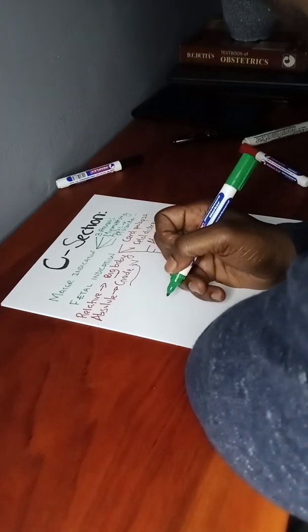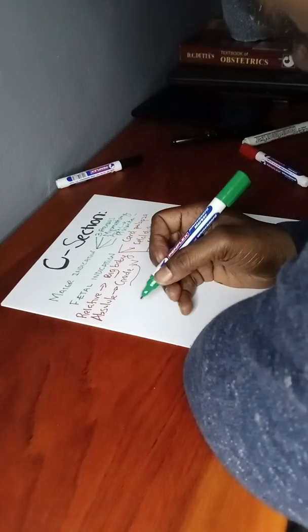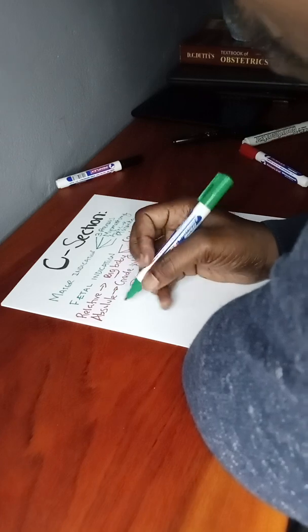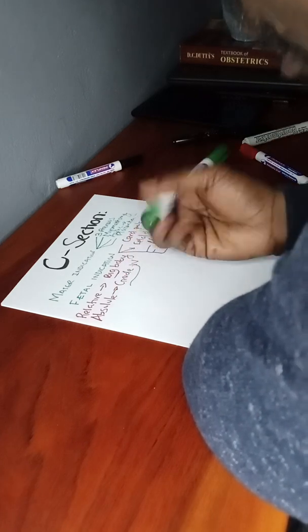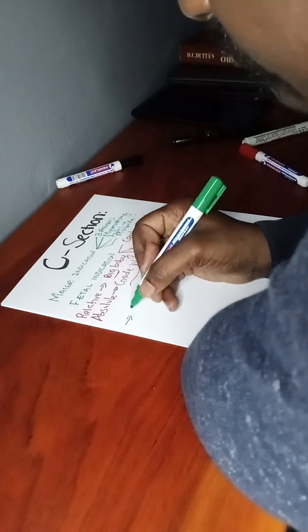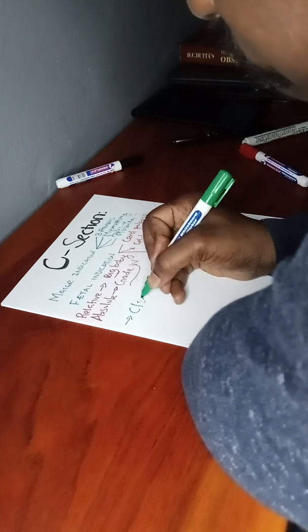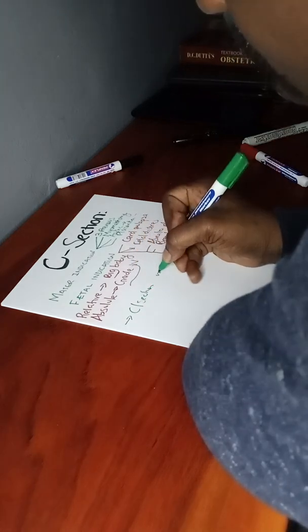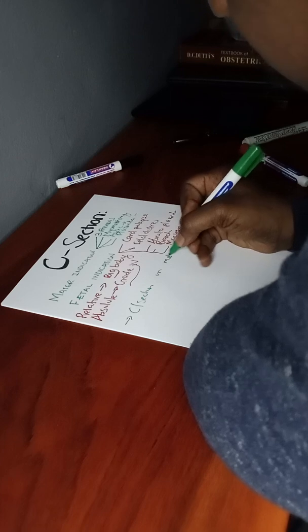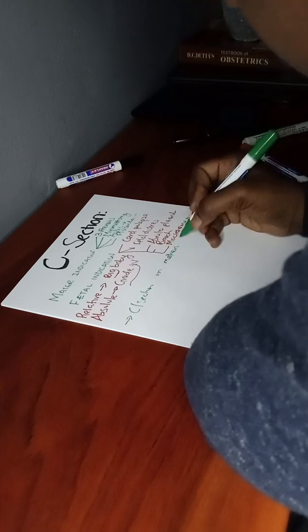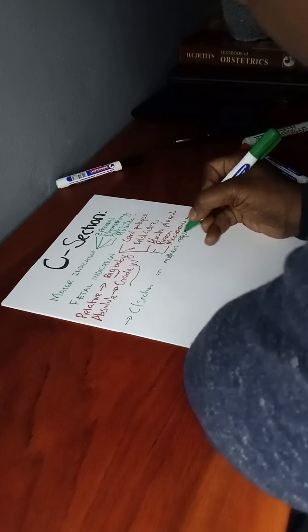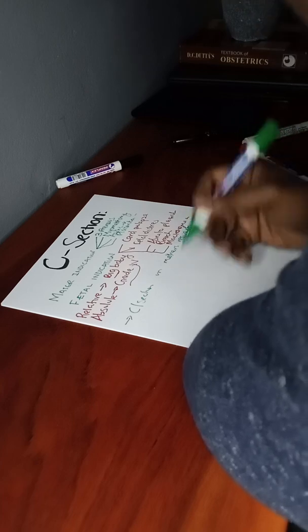So the next thing we need to talk about is the not really new, but an emerging indication, which is C-section on mother's request. Yeah, this is an emerging indication.